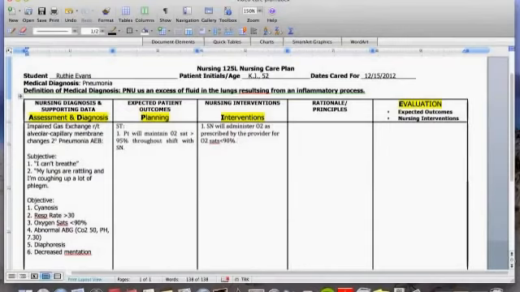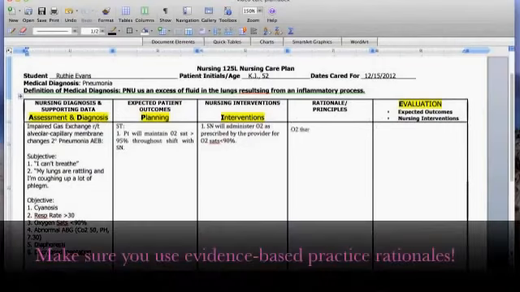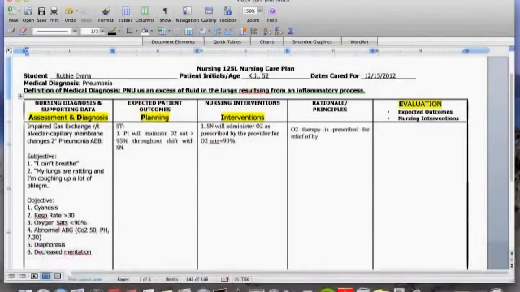Cool. So that's great. I've got my goal, I've got my intervention, but how do we know that that intervention is going to work? Well, I just happened to look up in my Iggy book, and I found that oxygen therapy is prescribed for relief of hypoxia and adequate oxygenation.